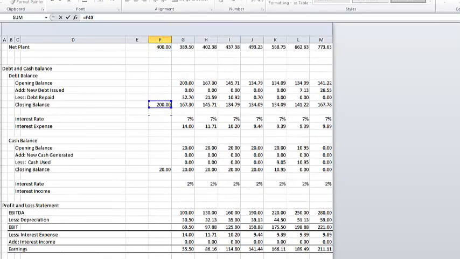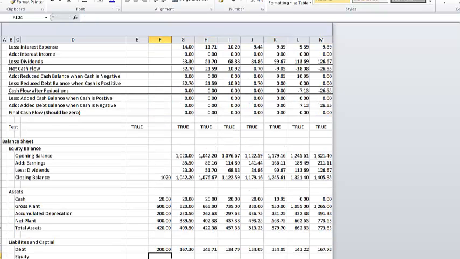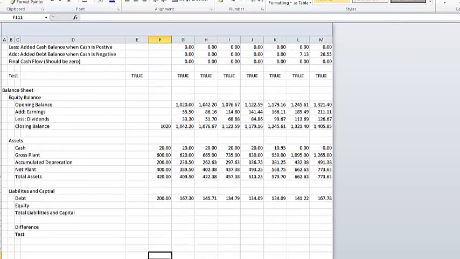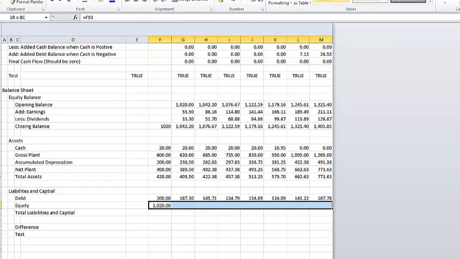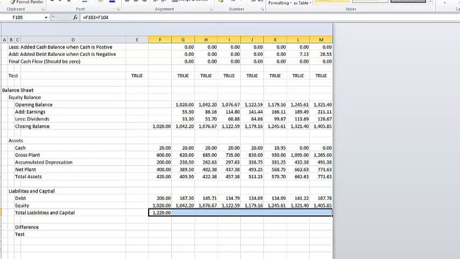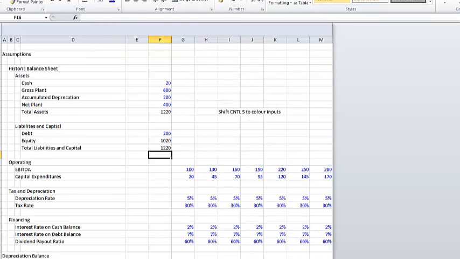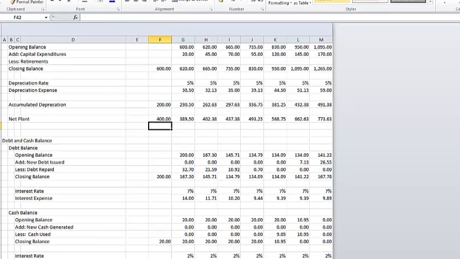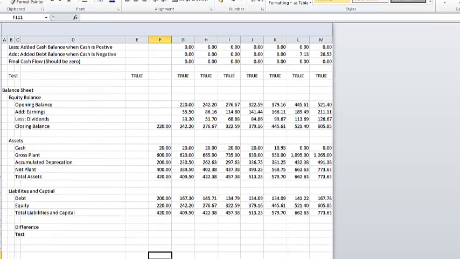I hope you understand this idea, which I think is so crucial, and that's that every single item should have a closing balance, and that's how we make the balance sheet balance, which is one of the best feelings in the world, and it doesn't balance now, and oh crap, what did I do here? This was supposed to be the net plant plus the cash, so hopefully now it'll balance.